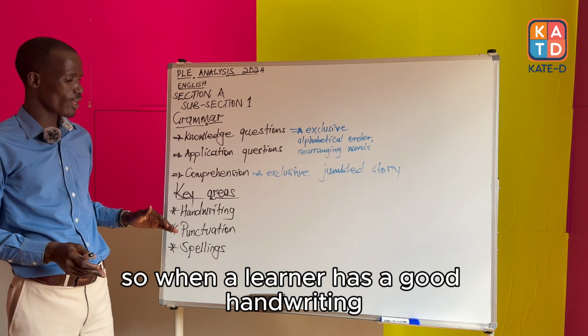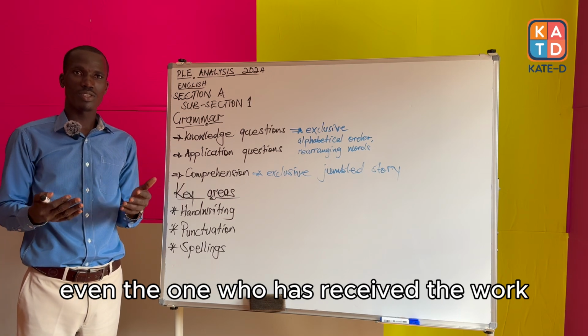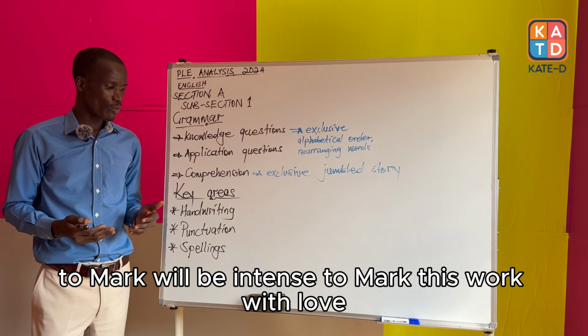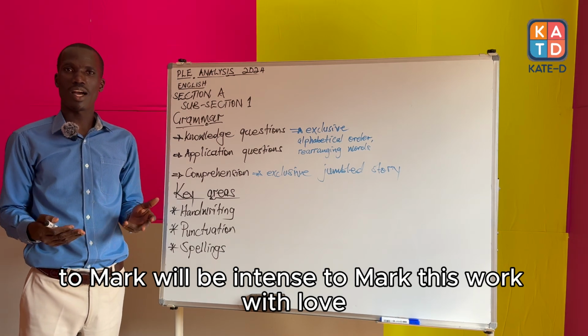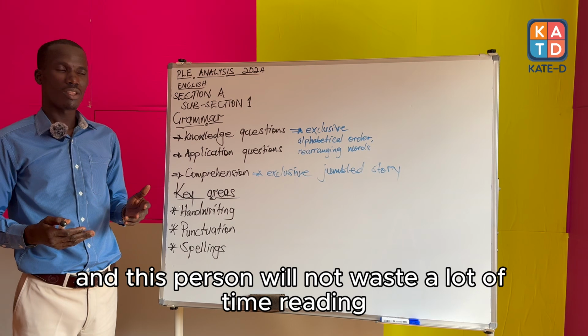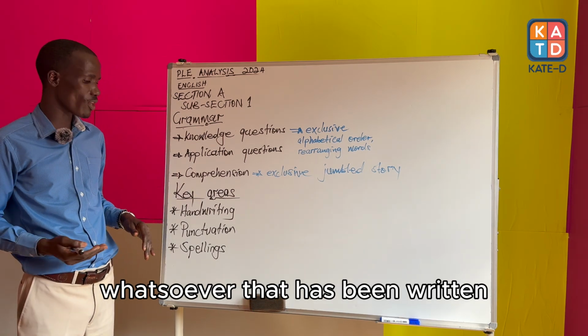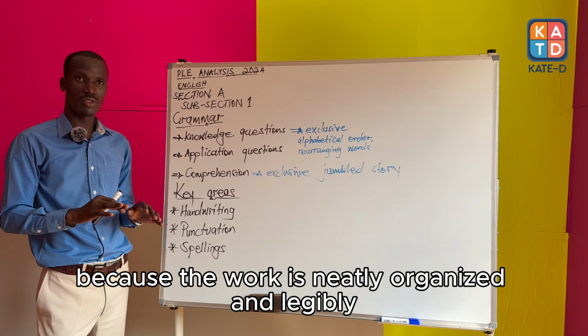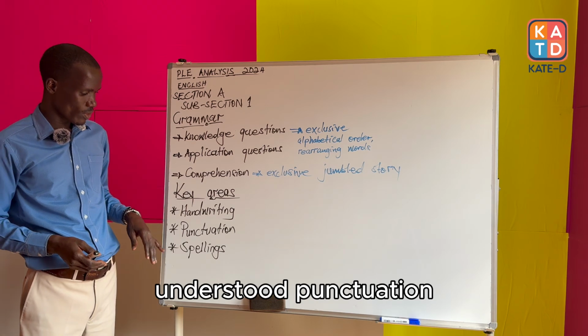So when a learner has a good handwriting, even the one who has received the work to mark will be intense to mark this work with love, and this person will not waste a lot of time reading whatsoever that has been written, because the work is neatly organized and legibly understood.